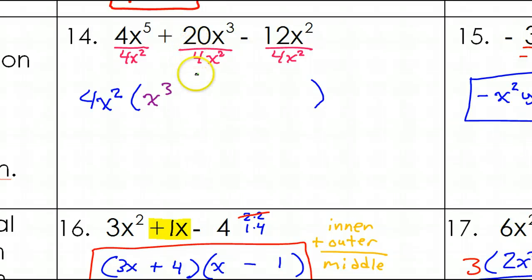Anyway, so 20 divided by 4, that's 5. X to the 3rd power divided by x squared, that's x. And 12 divided by 4 is 3. And the x squareds cancel out completely. So I guess I don't need that much space.